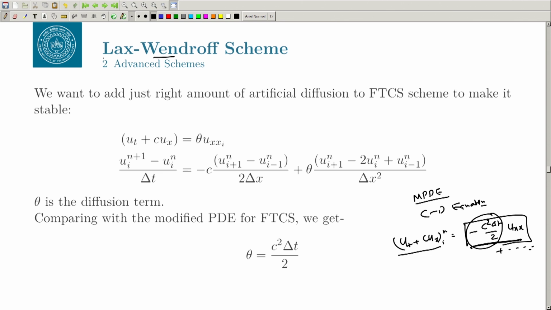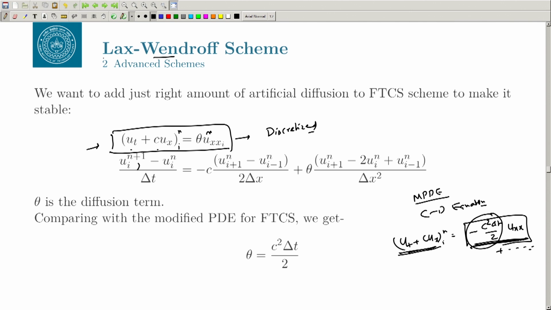Then you will get a scheme which solves this equation but cancels out this negative diffusion term. So for the convection term we are proposing a scheme which looks like this, u_t plus u_x. This is in the discretized domain, not the PDE, but the discretized equation, at i and n.